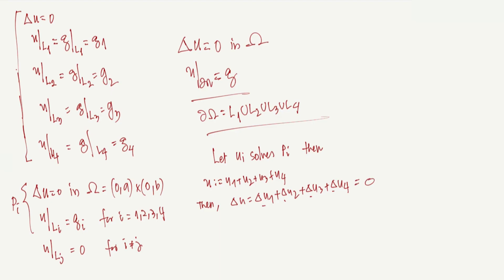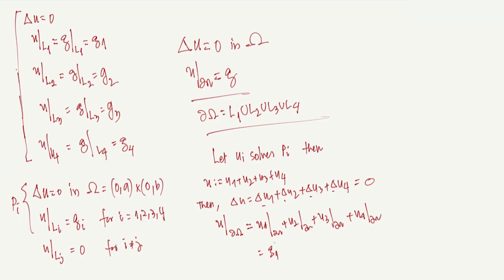So this whole thing is 0. Okay, what about u restricted to the boundary del omega? So u restricted to the boundary is u1 restricted to del omega plus u2 restricted to del omega plus u3 restricted to del omega plus u4 restricted to del omega. Now you see, u1 restricted to del omega is g1 basically, because that is the only part which is there. Every other part is essentially 0.